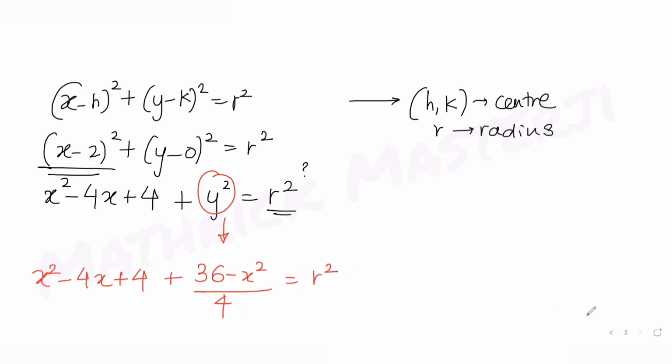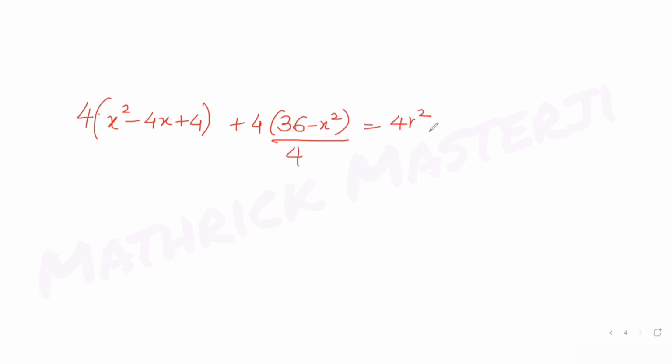Now, solving further, I multiply throughout the entire equation by 4. I get 4x square minus 16x plus 16, and this and this get cancelled, so you have plus 36 minus x square minus 4r square equals 0.